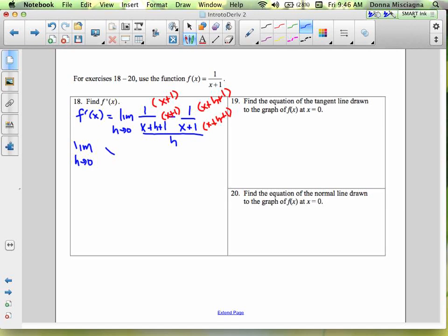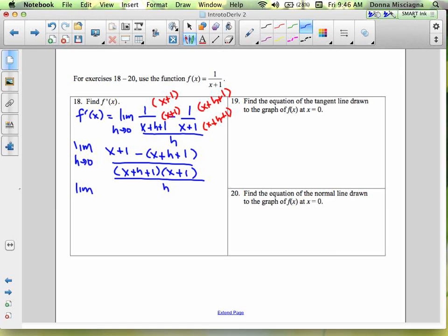So we have x plus 1 and then minus x plus h plus 1. And then just put it over one denominator because we want to be able to simplify and combine things anyway. x plus h plus 1 times x plus 1 all over h.